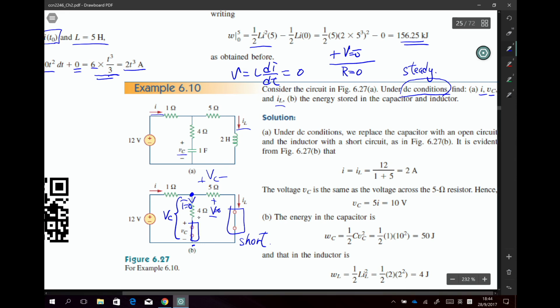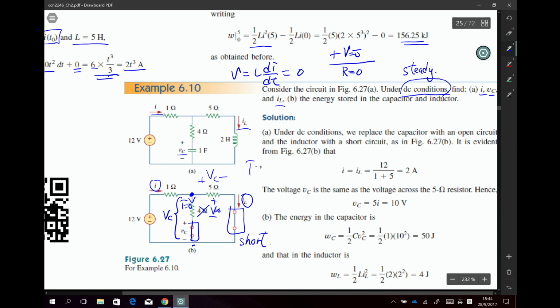And now you have a single loop circuit only. The 4 ohm resistance has no effect, you can delete it. Okay? In this circuit, I equal to IL, because you have the series connection here.